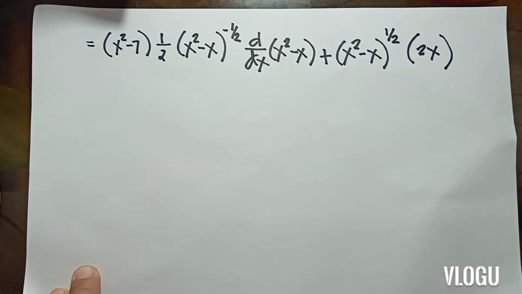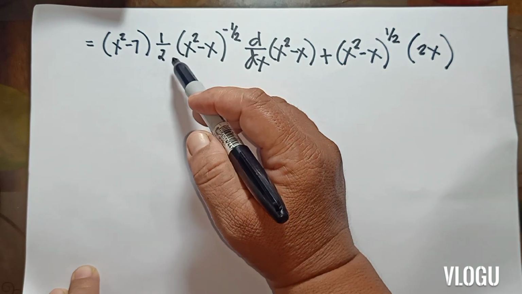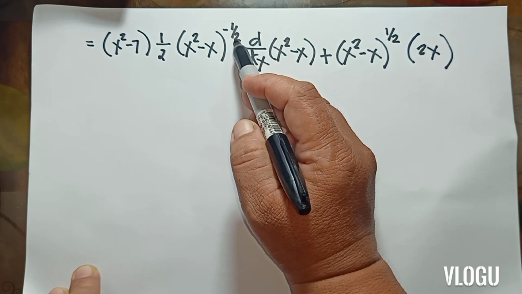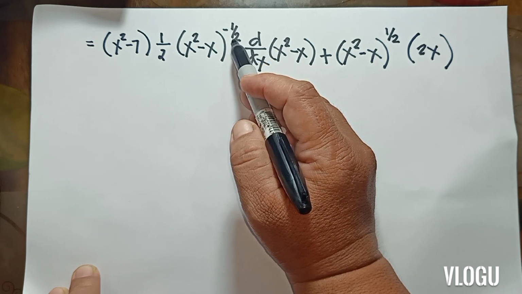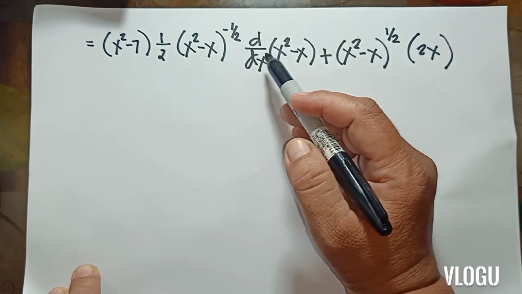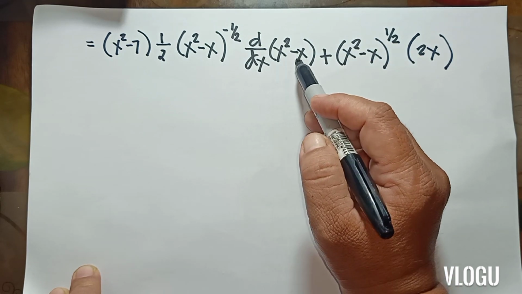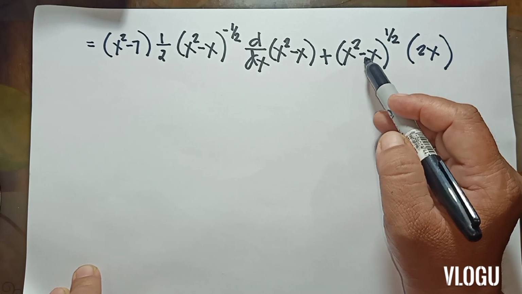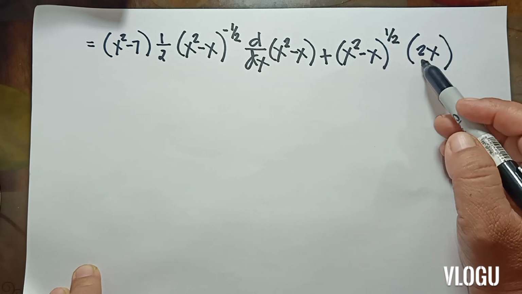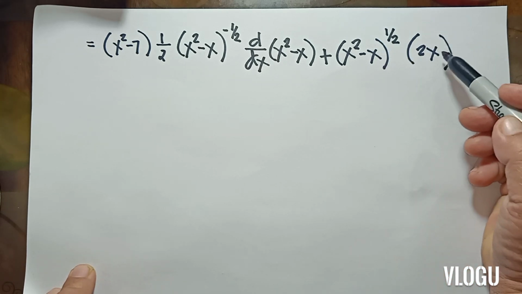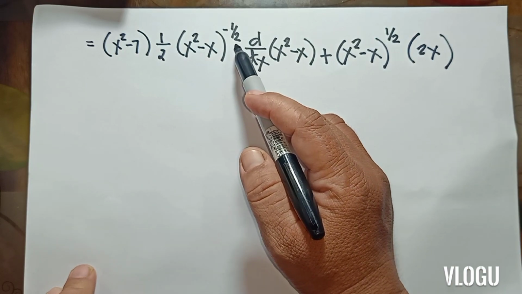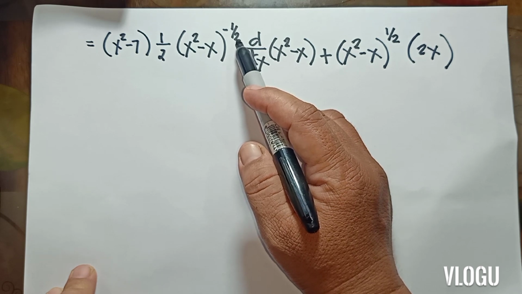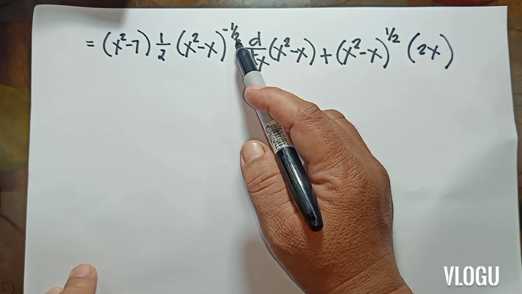Okay, we have now a form of x squared minus 7 times 1/2 times x squared minus x raised to negative 1/2, because 1/2 minus 1, the answer is negative 1/2. Derivative of x squared minus x without exponent plus x squared minus x raised to 1/2 times 2x. So this is negative 1/2. If you have an exponent of negative, you can bring that down and your exponent becomes positive.